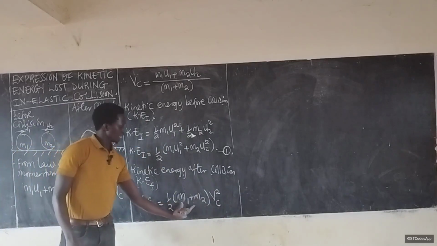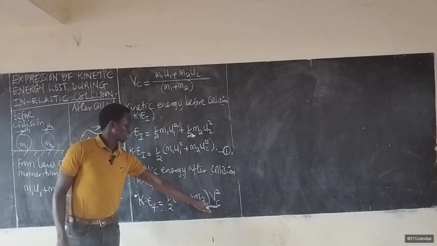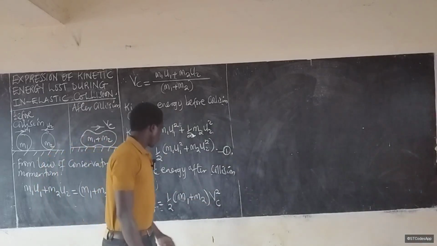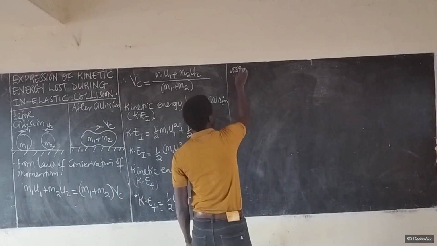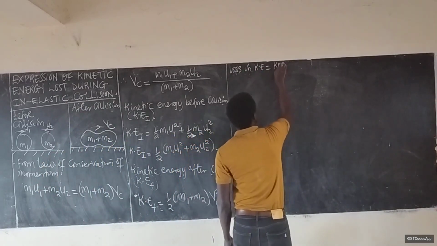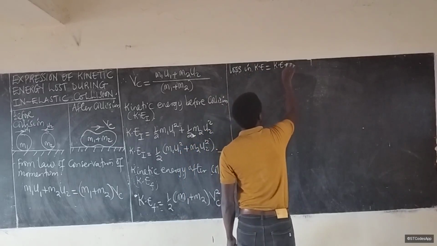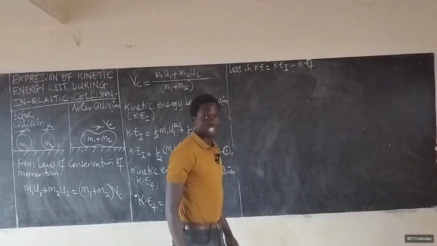Yes, this is the after collision, the total mass becomes this, and this is the velocity that we shall have. So we are going to have that loss in kinetic energy would be kinetic energy initial minus kinetic energy at the final stage of the collision.